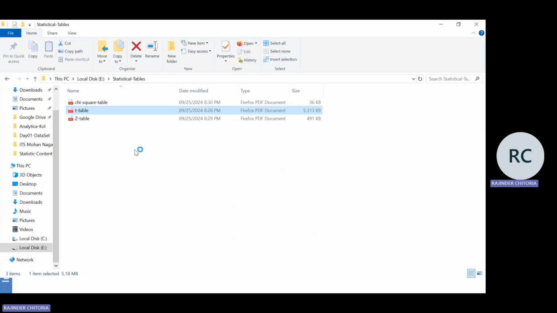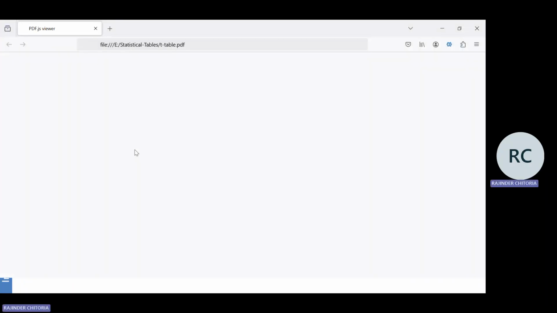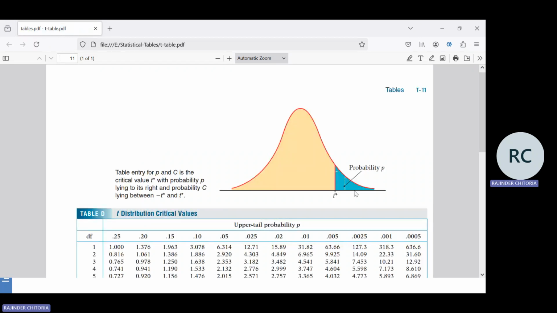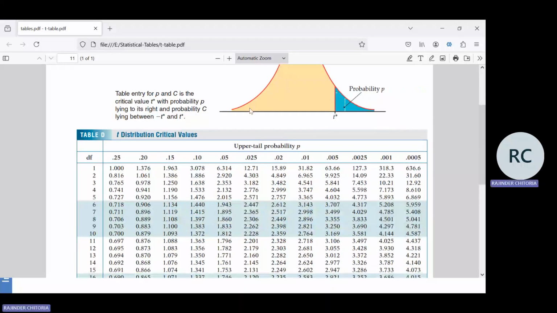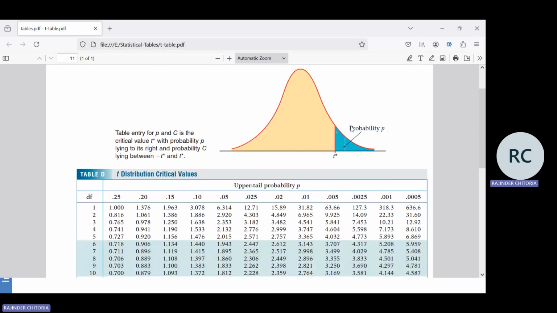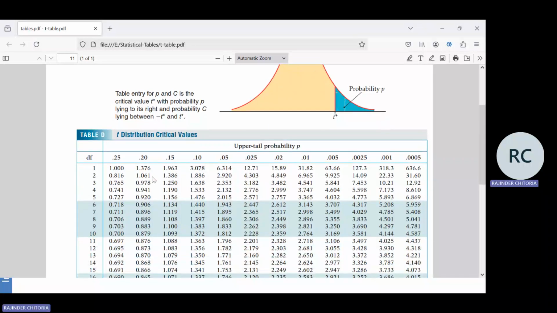For the t-test, you can have a two-tailed or a one-sided table. Currently, I'm using the one-sided table system, and in a few other cases we would have the option of two-sided tables also. I'm taking the right side case currently.